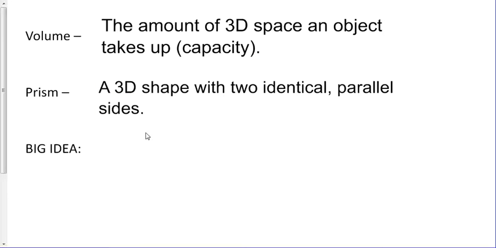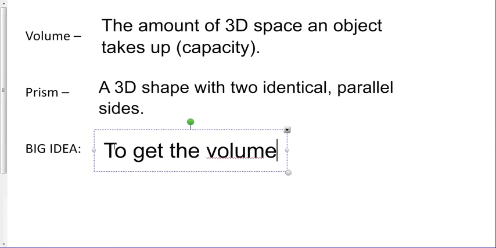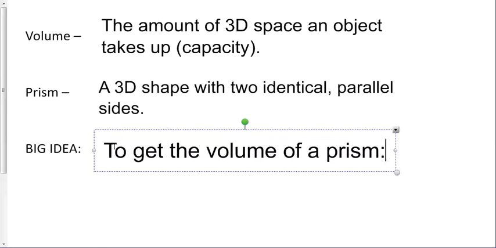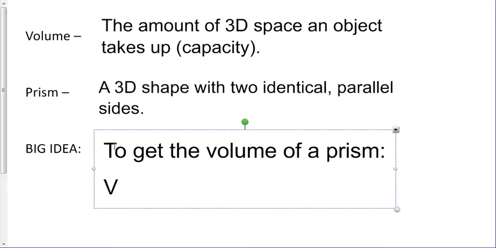And the big idea for today that we'll be using to find volumes, and you should have your formula sheet ready, is this. The volume of a prism is very simple to find.